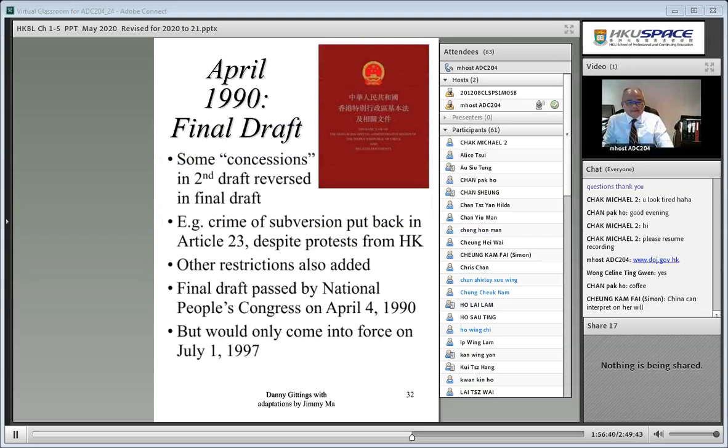So by April 1990, the final draft was ready. There were some concessions, compromises to part of the second draft. For example, the crime of subversion was put back despite protests from Hong Kong.